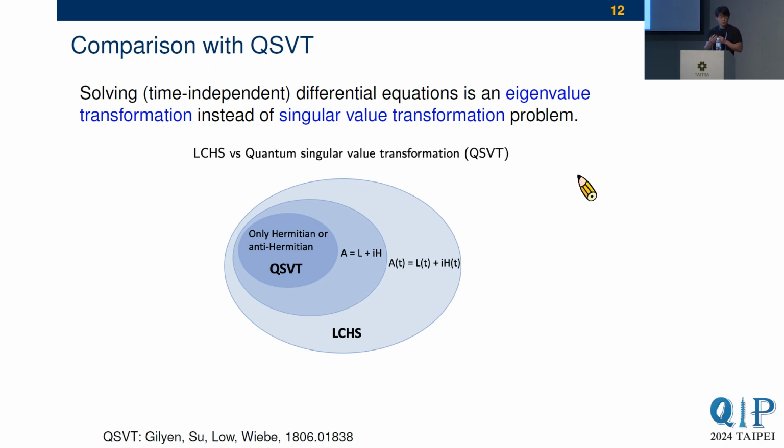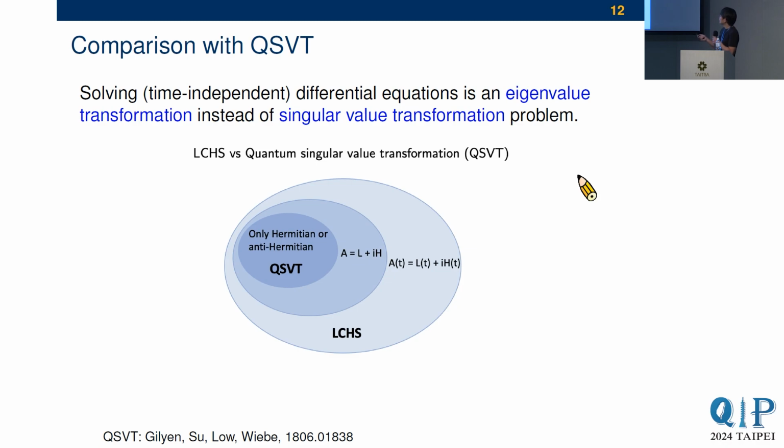So Yuan has shown that the quantum eigenvalue transformation is genuinely different from quantum singular value transformation. Here, let's consider the problem of solving a time-independent differential equation. QSVT is applicable when A is Hermitian or anti-Hermitian. When it is normal, but neither Hermitian nor anti-Hermitian, you already need to work quite a bit.